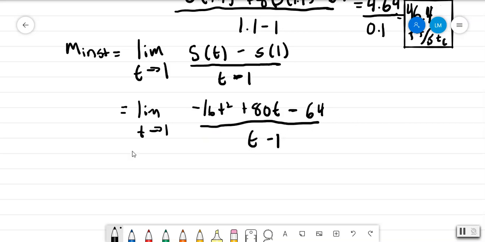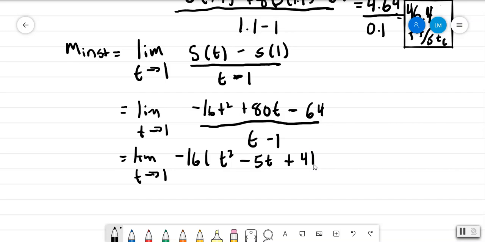Now, notice that if you were to rewrite this in the following manner, you would get negative 16 times t squared minus 5t plus 4, and negative 64. Okay, yes. So this is all divided by t minus 1.